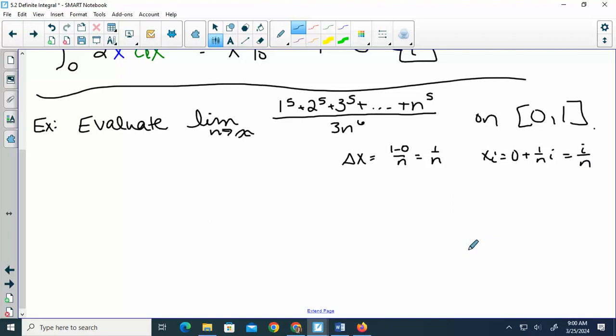So that's i over n. Same thing because we're still doing 0 to 1. All right, so if I asked you to use this to rewrite that sum, we still have our limit. And we'd be adding up from 1 to n.